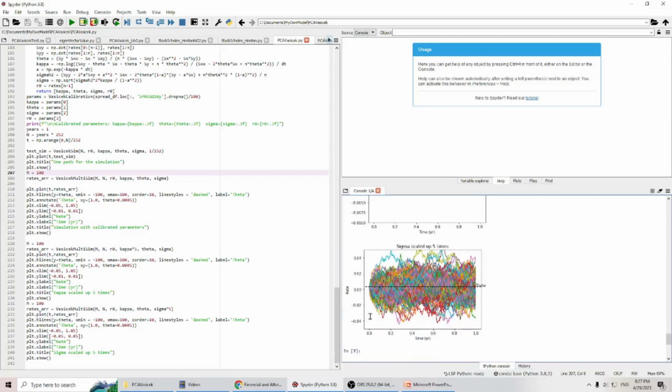Please note the scale of this graph is from minus 0.01 to positive 0.01, but this graph is from negative 0.05 to positive 0.05. So that means the volatility of this Monte Carlo simulation is much larger than this one.